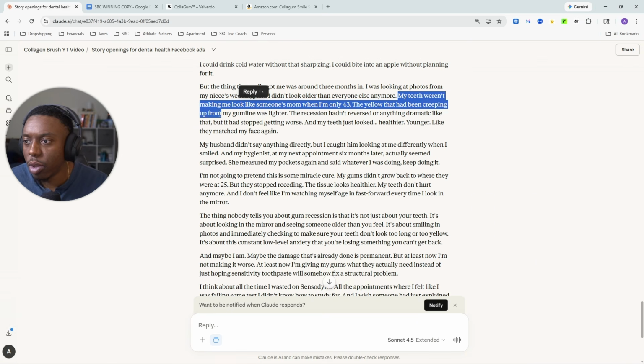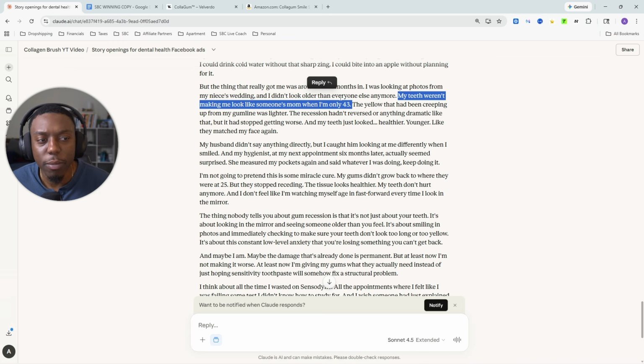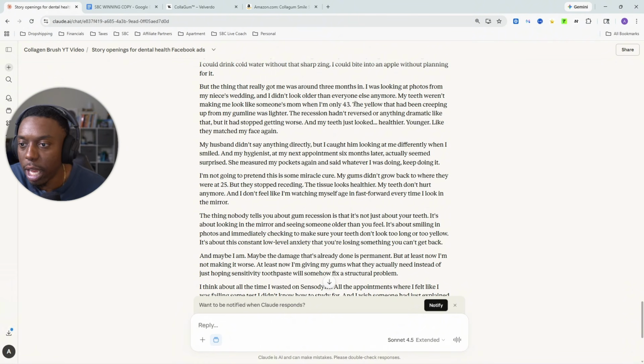Oh, I see what they're saying. Yeah, I would change that because even if you're 32, it's all right to look like someone's mom. Looking like someone's mom when you're in your 30s and 40s isn't a bad thing. So this might be something I tweak a little bit, but other than that, that's good.